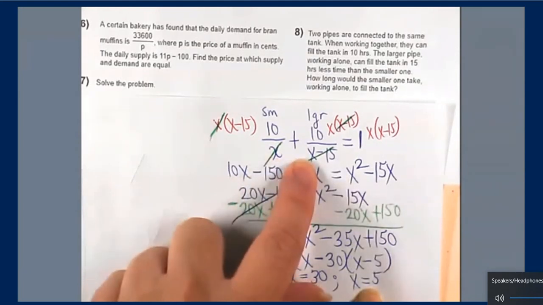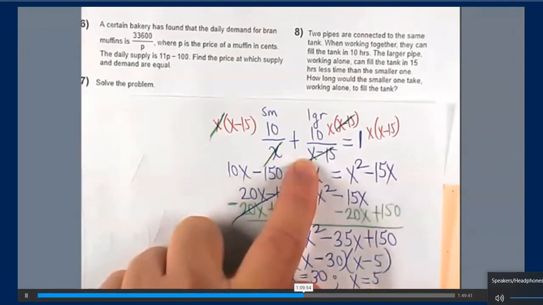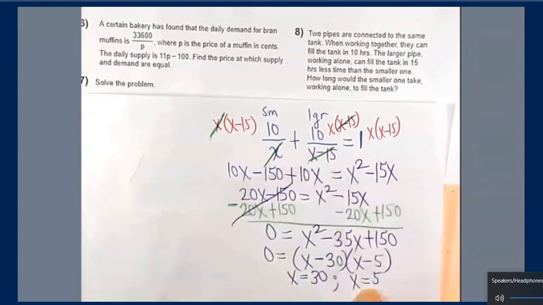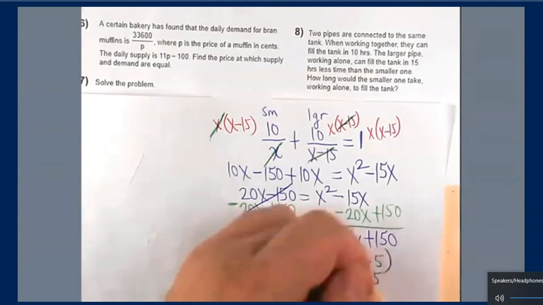However, if you replace x with 5 for the larger pipe, that will give you 5 minus 15, or negative 10 hours. And as y'all know, time cannot be negative. So that means reject positive 5.